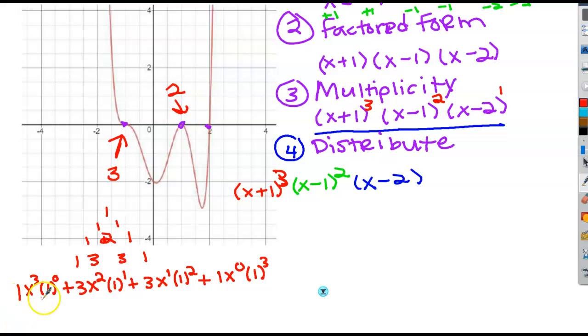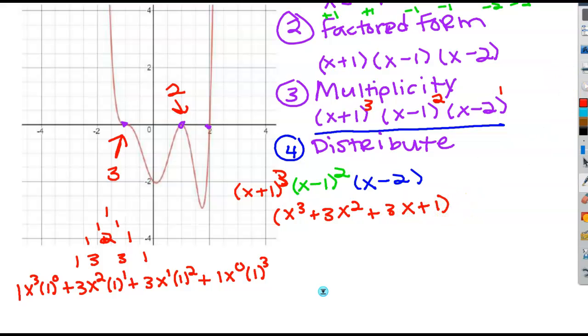If you forgot about binomial expansion, I have my coefficients, and then my x is going decreasing power, 3, 2, 1, 0, and then my 1 is going increasing power. So I'm going to write out what this would look like. It would be x to the third plus 3x squared plus 3x plus 1.